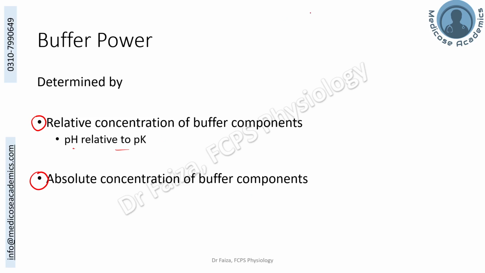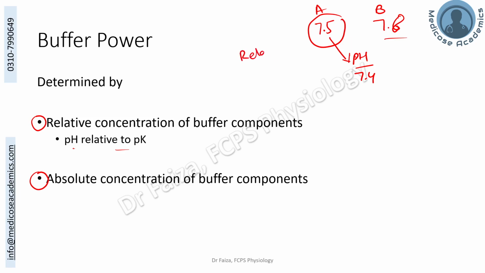For example, there are two buffer systems, one having pK 7.5, the other having pK 7.6, buffer system A, buffer system B. And the pH of the solution is 7.4. Okay, let's make it 7.8. Now, the pK of buffer system A is closer to the pH of the system, so it is going to be more effective than buffer system B.